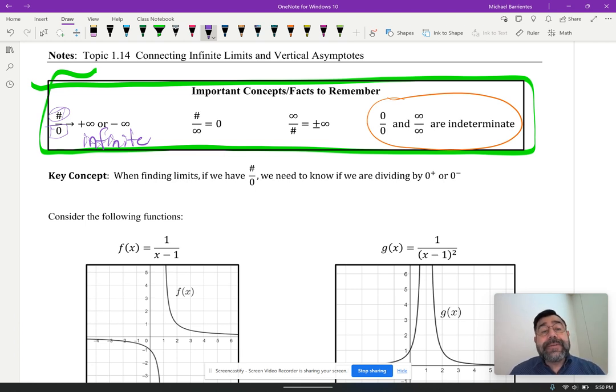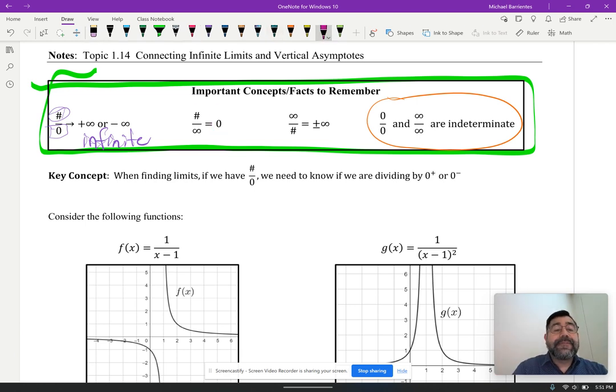Whenever we take a limit and our numerator is a number, but our denominator approaches infinity, that means the fraction as a whole is getting smaller and smaller, and so we know that limit equals zero.